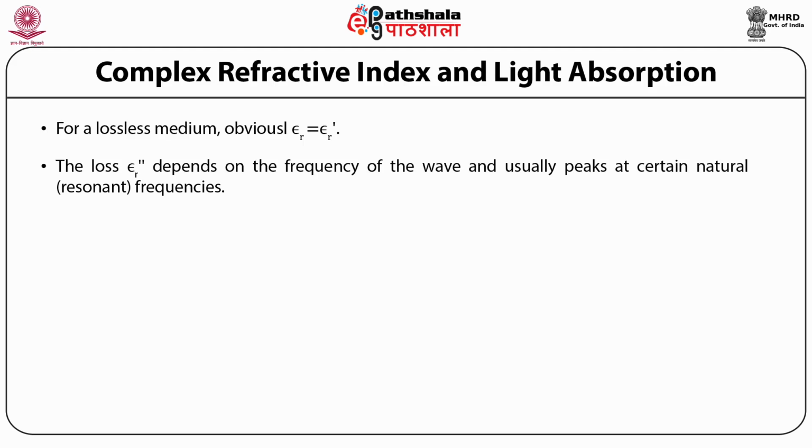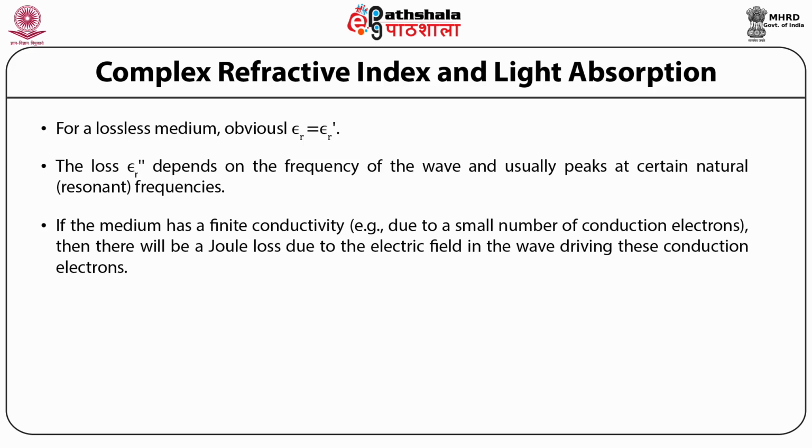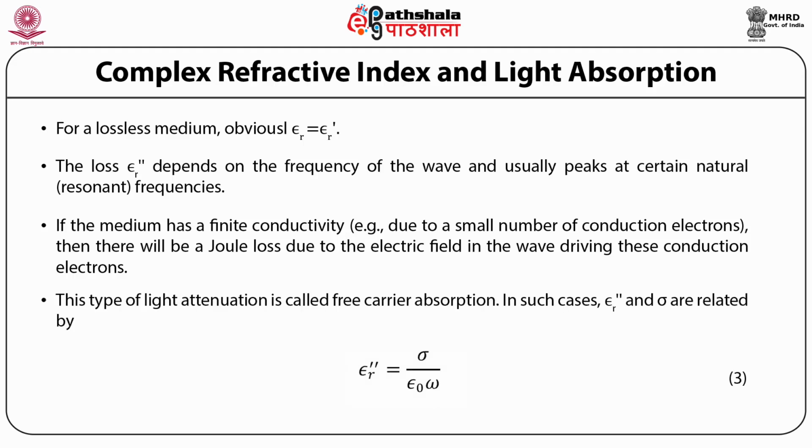The loss epsilon r double prime depends on the frequency of the wave and usually peaks at certain natural frequencies, which are called resonant frequencies. If the medium has a finite conductivity, for example due to a small number of conduction electrons, then there will be a Joule loss due to the electric field in the wave driving these conduction electrons. This type of light attenuation is called free carrier absorption.